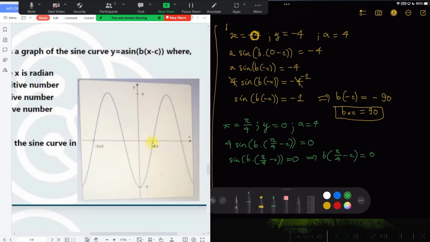And so you can find out that pi divided by 4b minus bc equal to 0. But here we can plug bc in here. Mình có thể gắn cái bc vô đây. We can plug bc over here, over there. So it means pi divided by 4b equal to, cái này trừ 90 chuyển qua là 90.